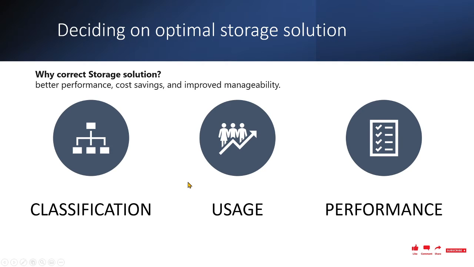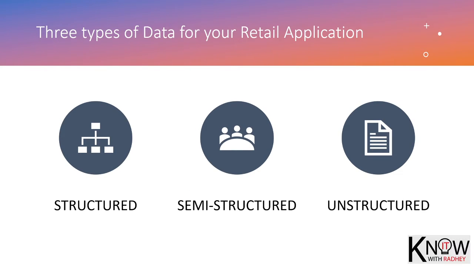So first is classification of data. So there are three types of data for our retail application which we discussed. Okay. So ours is a retail application selling different varieties of chocolates, let's say. And we already discussed that there will be product catalog data, media files like photos and videos, and financial business data.